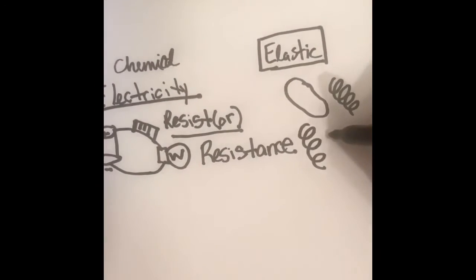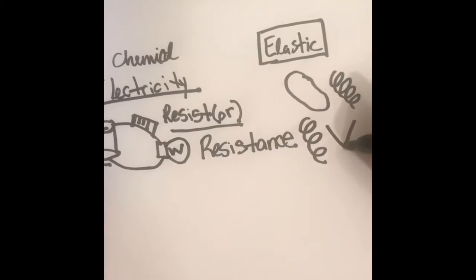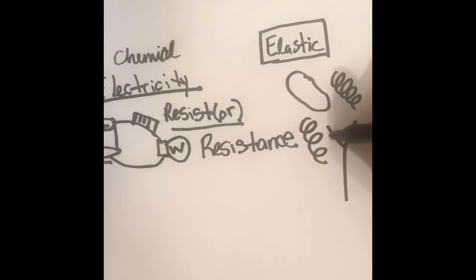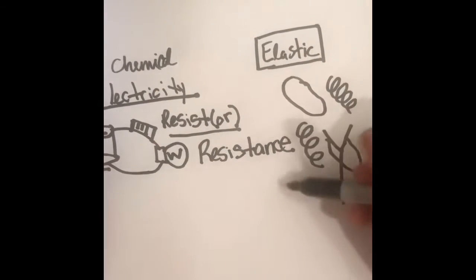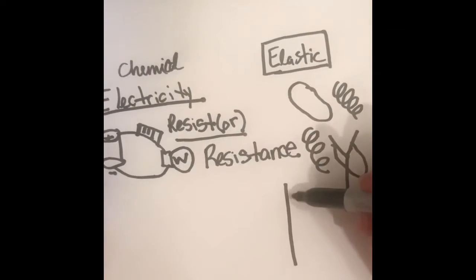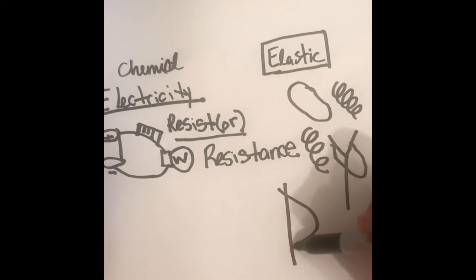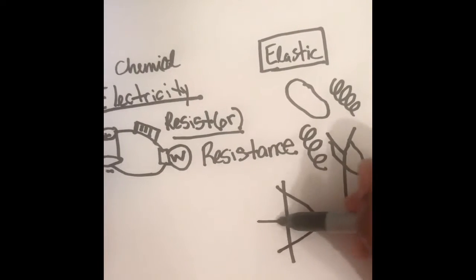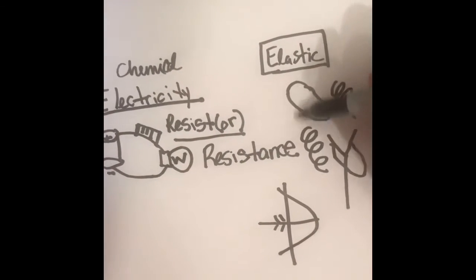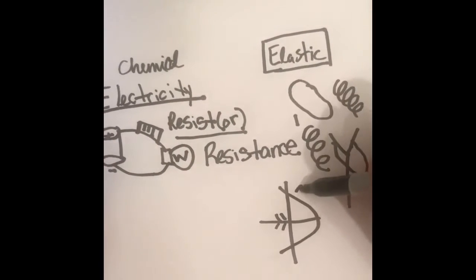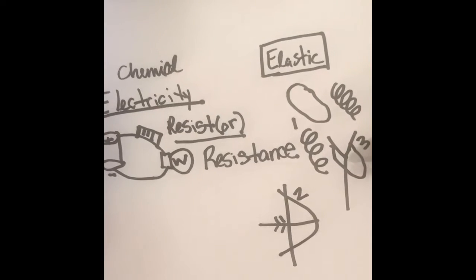Slingshots are another example of elastic energy, or a bow and an arrow. All of these are examples of elastic energy.